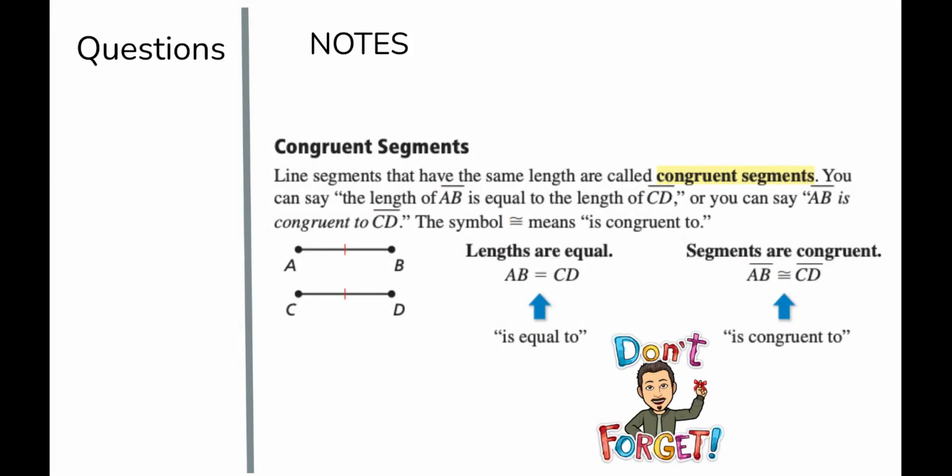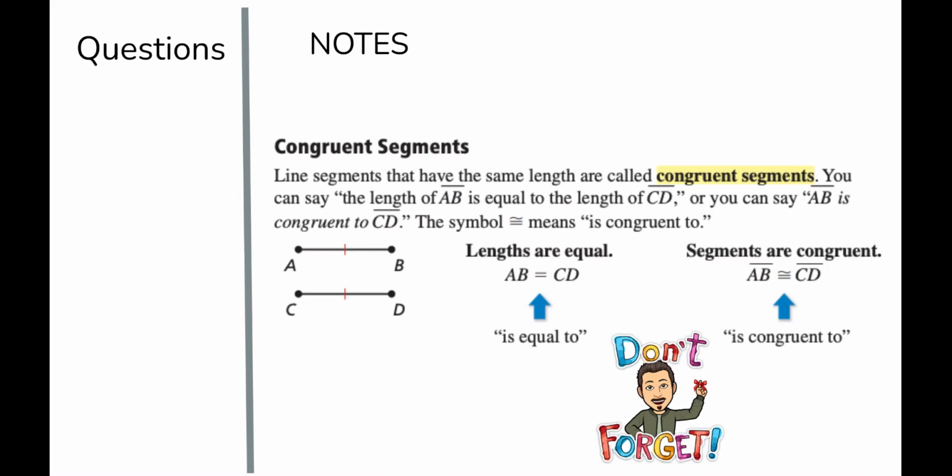Now that we've talked about copying segments, if you look, there's something called congruent segments. So you've copied one segment and now you've made what we call a duplicate. Now the two segments that you have, the original and the copy, could be considered congruent segments.